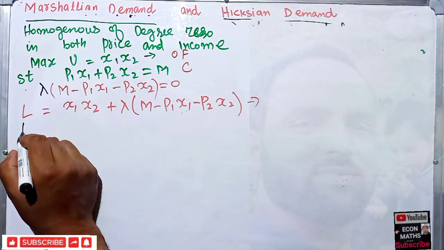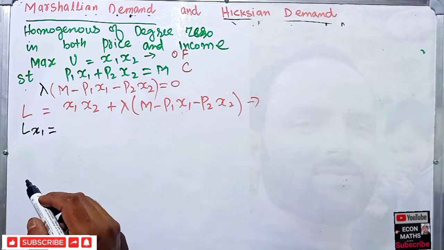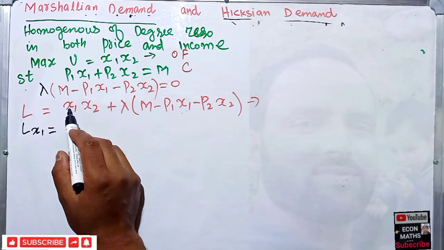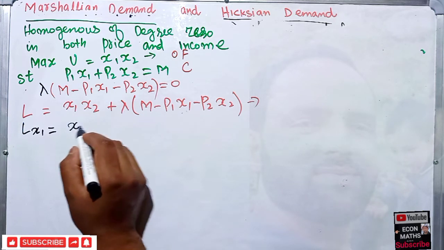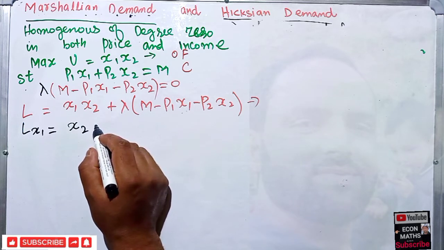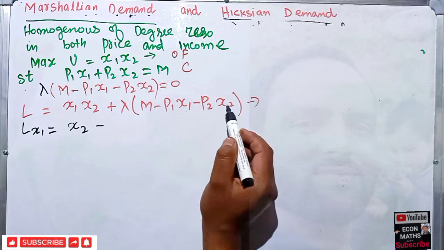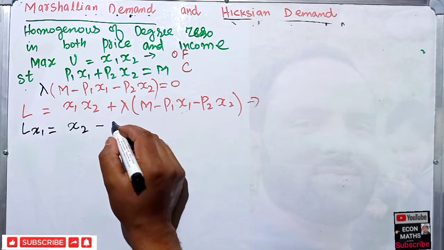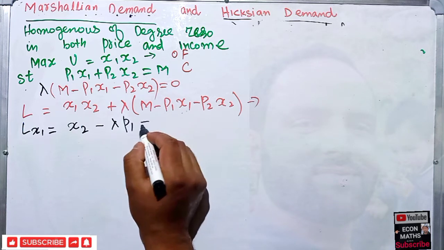Partially differentiating with respect to x1, the derivative of x1 would be 1, so we are left with x2 minus lambda p1, because the derivative of x1 in the constraint is 1, and we set it equal to 0.